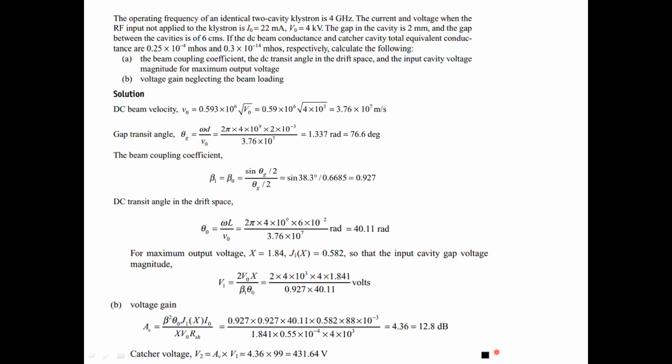Next, our intention is to calculate the beam coupling coefficient. So direct substitution, formula based question, 0.927. Next step, calculate the drift space. Theta naught equals omega L by V naught, direct substitution, 40 radians.